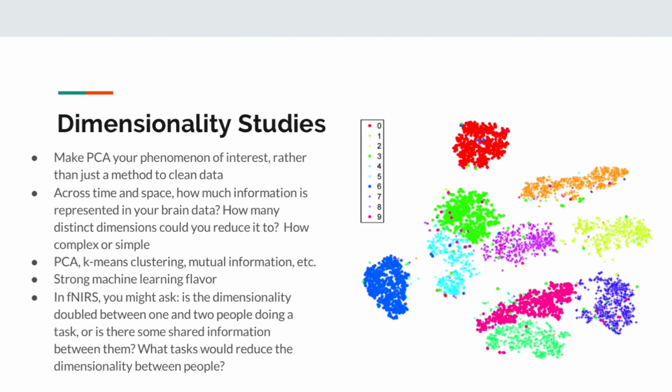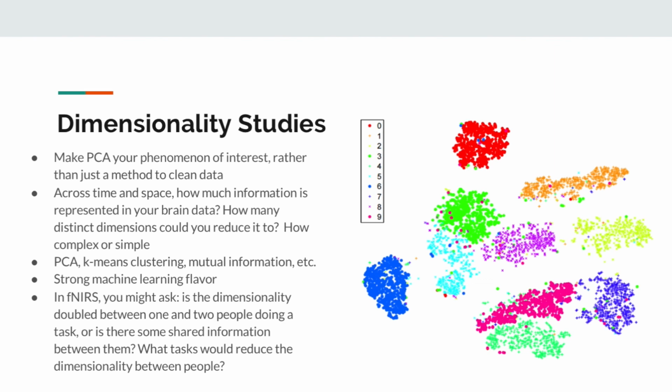This is essentially making principal component analysis your phenomenon of interest rather than just a method to clean data. So across time and space, how much information is represented in your brain data? How many distinct dimensions could you reduce it to without losing important variation? How complex or simple is your data?